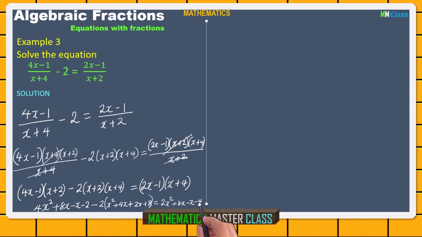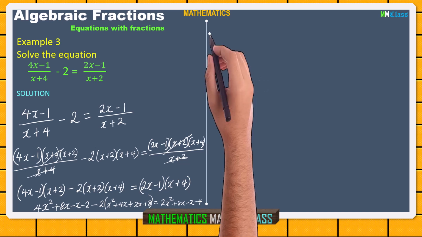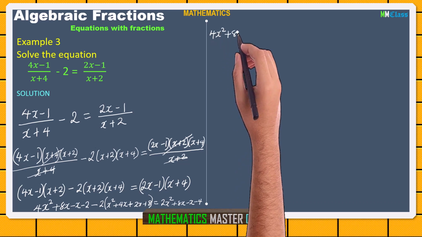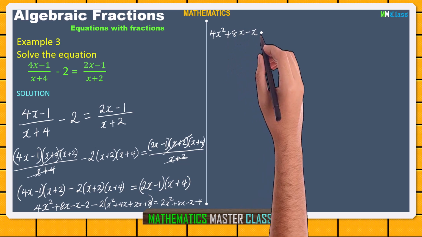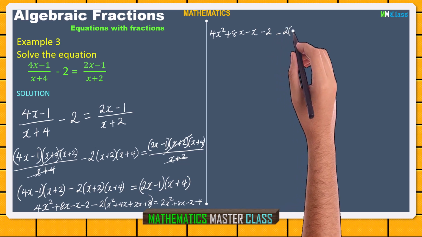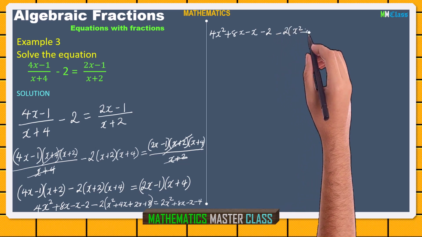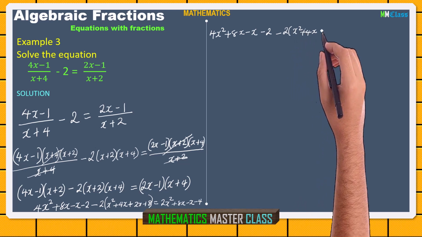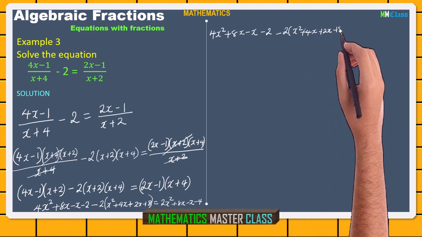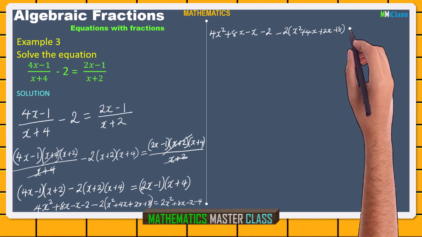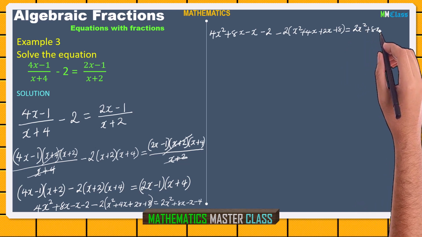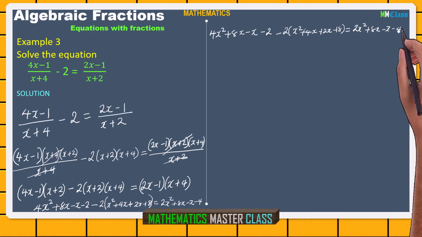So if we take it up, we're going to have 4x squared plus 8x minus x minus 2 is equal to 2 open bracket x squared plus 4x plus 2x plus 8, will be equal to 2x squared plus 8x minus x minus 4.